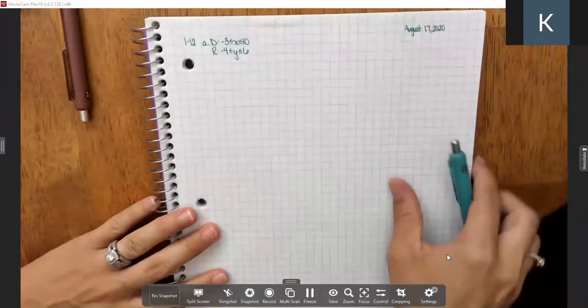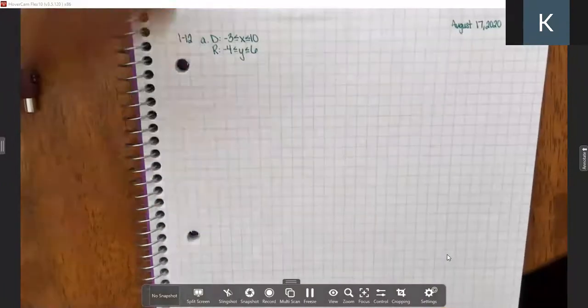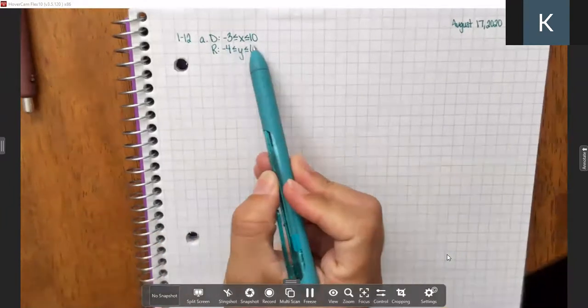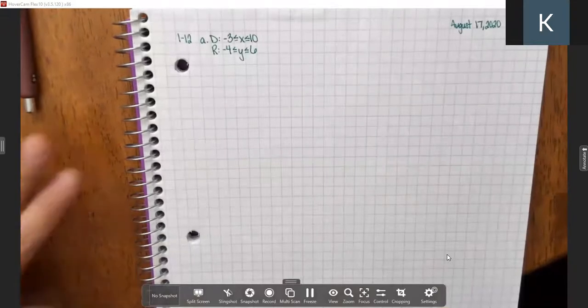Okay, so I wrote this so far. I just wrote down what it says. So the domain is -3 ≤ x ≤ 10, and the range is -4 to 6.